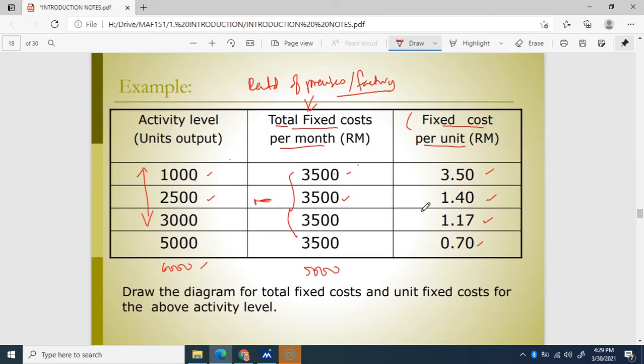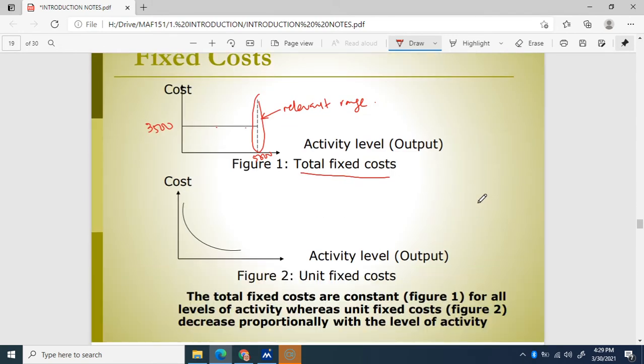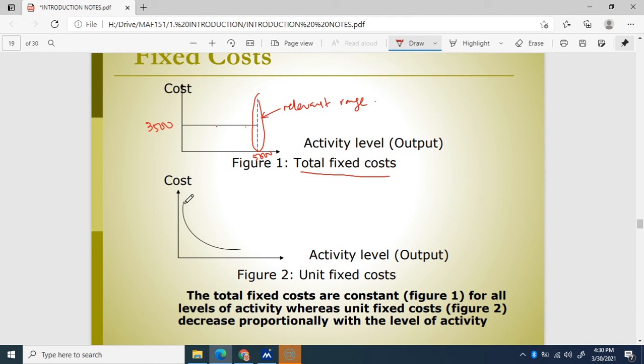Now if we refer to the fixed cost per unit, it keeps decreasing. It starts from here, and then keeps decreasing when the level of activity increases.